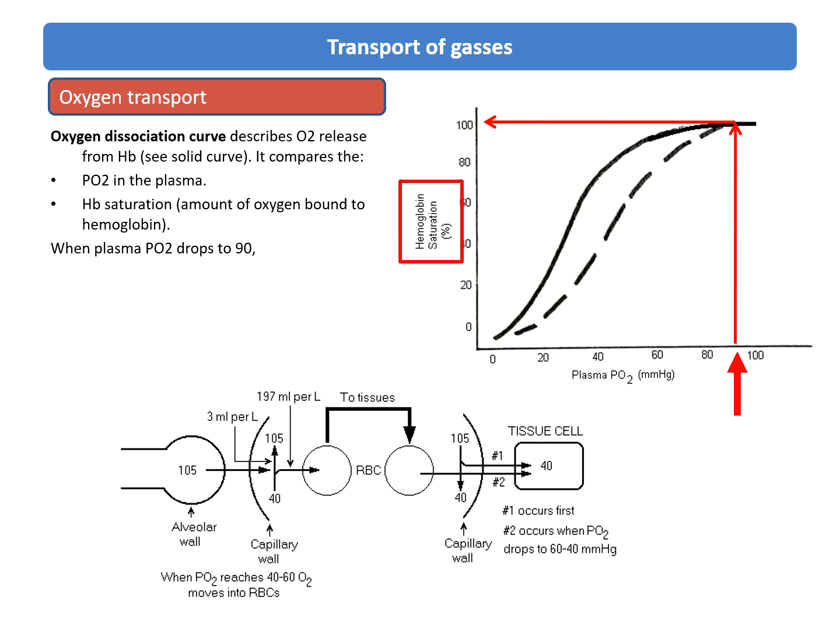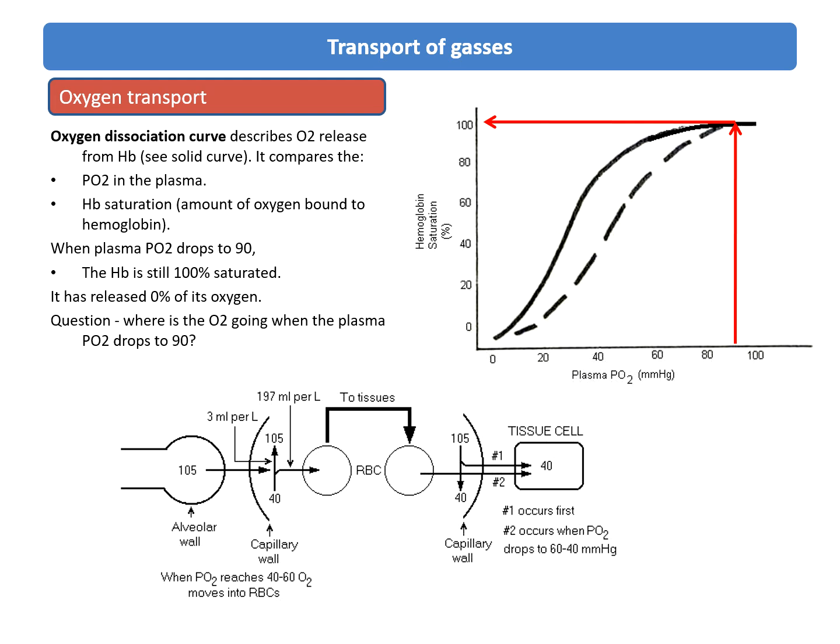When the plasma PO2 drops to 90, the hemoglobin is still 100% saturated. That is, it has not lost any oxygen. Question: where is the oxygen going when the plasma PO2 drops to 90? Answer: it's diffusing out of the plasma into the cells.